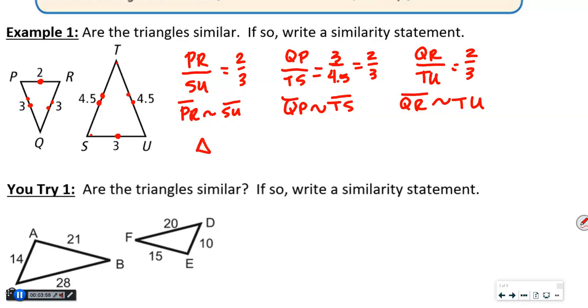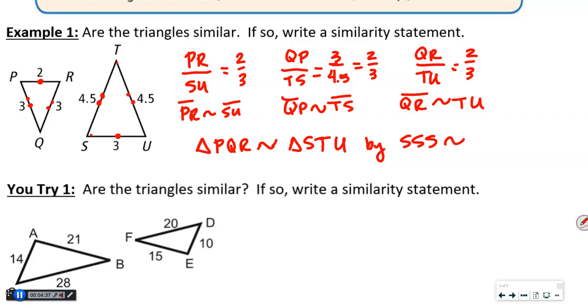Triangle PQR is similar to triangle, we had P to S, Q to T, and R to U. So PQR is similar to STU by the side, side, side similarity postulate.